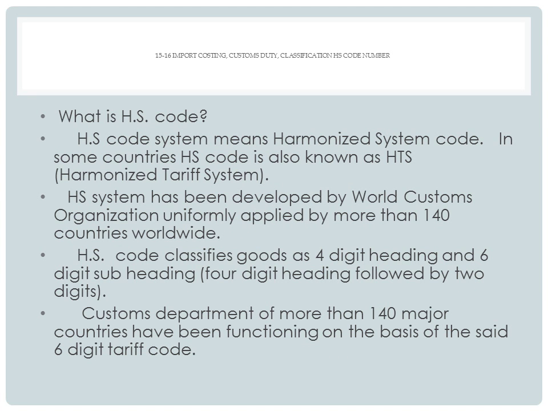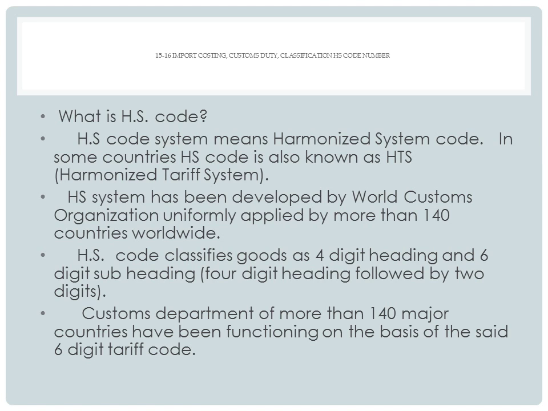What is HS code? HS code system means Harmonized System code. In some countries, HS code is also known as HTS, Harmonized Tariff System. The HS system has been developed by the World Customs Organization, uniformly applied by more than 140 countries worldwide.